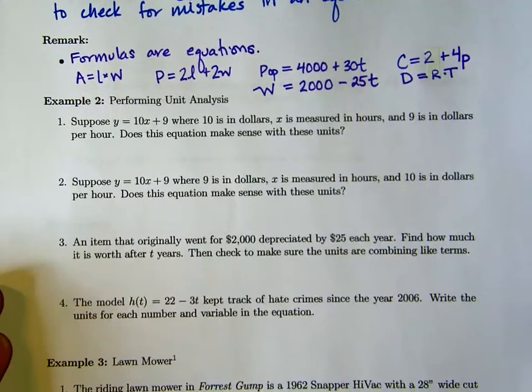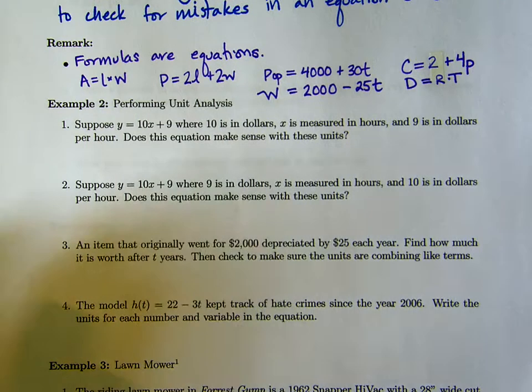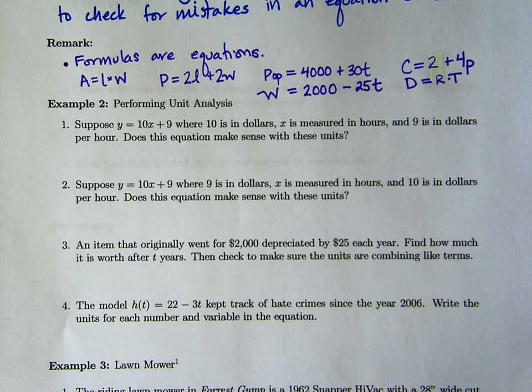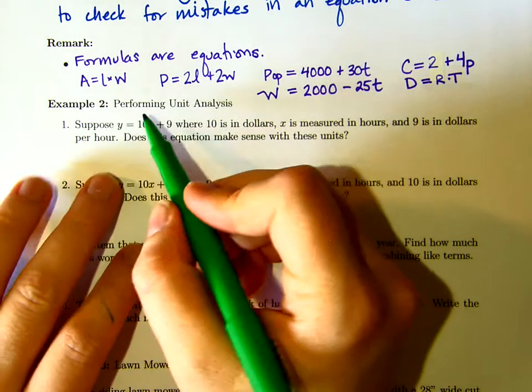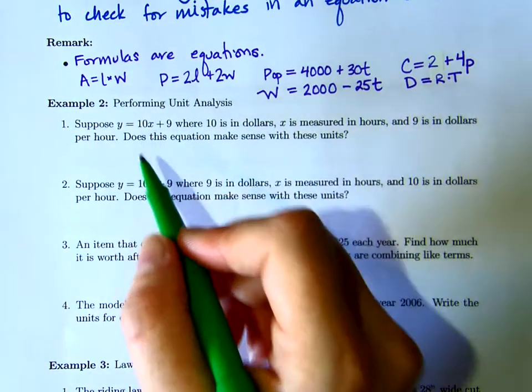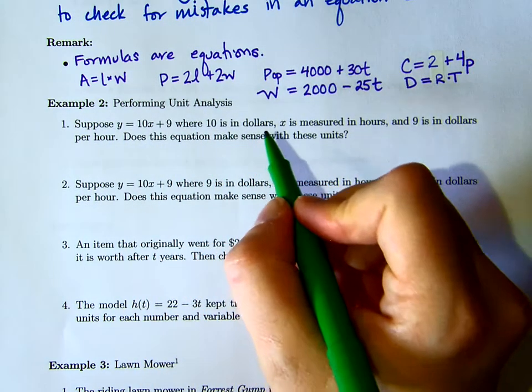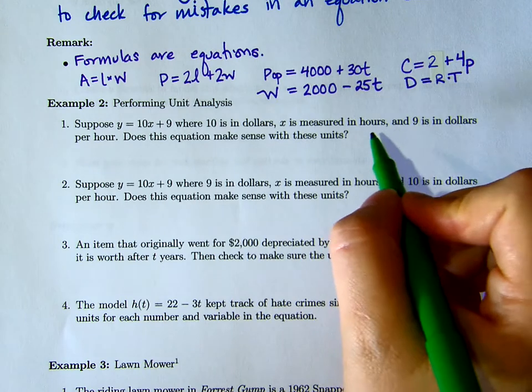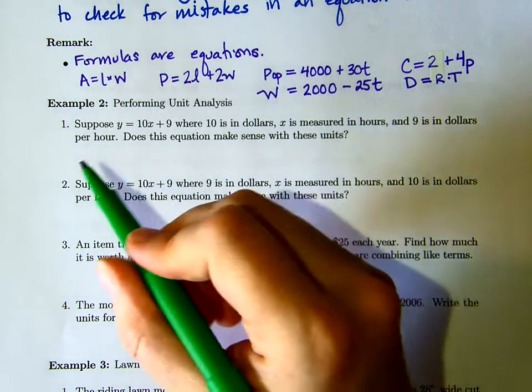In example 2, we're going to perform a unit analysis to see if these really make sense. All right, let's do that. Suppose y is equal to 10x plus 9, where 10 is in dollars, x is in hours, and 9 is in dollars per hour.